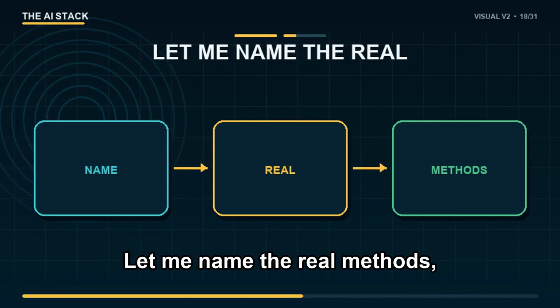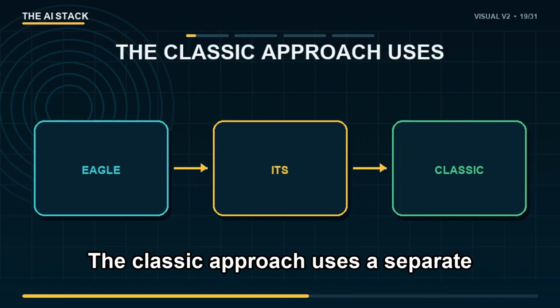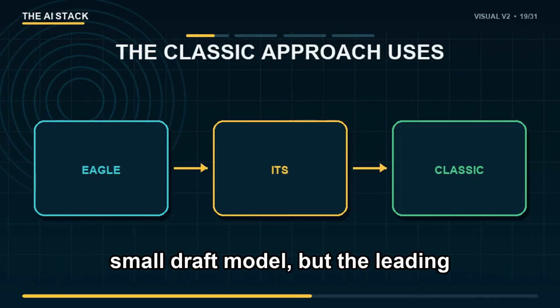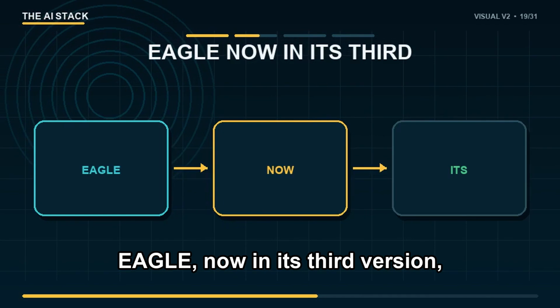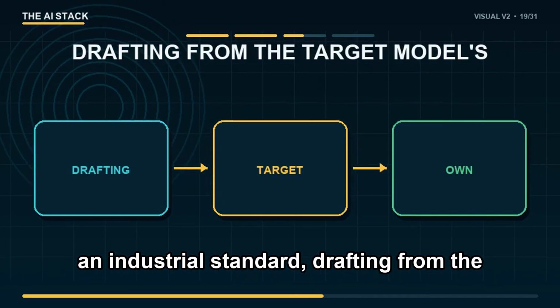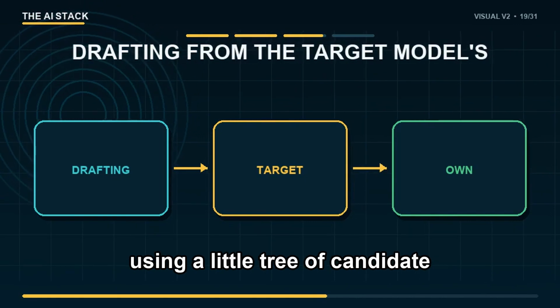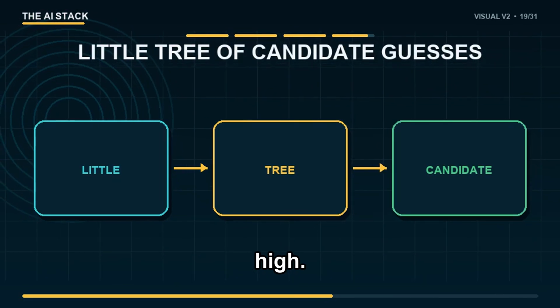Let me name the real methods because this is a live and fast-moving field. The classic approach uses a separate small draft model, but the leading modern techniques are cleverer. EAGLE, now in its 3rd version, EAGLE 3, has become something of an industrial standard, drafting from the target model's own internal features and using a little tree of candidate guesses to push its acceptance rate high.